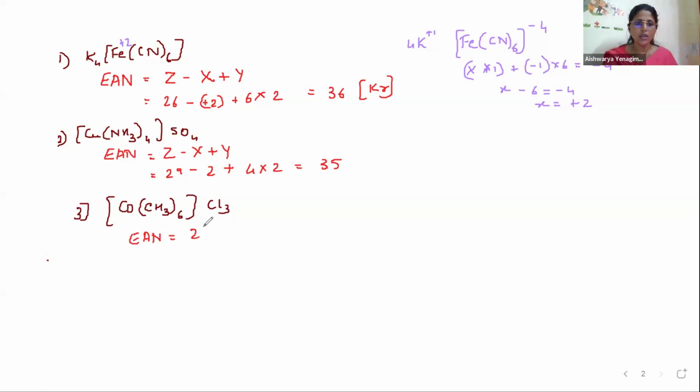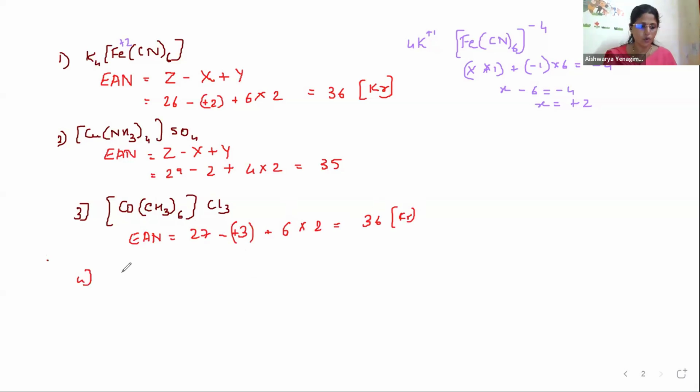Co atomic number is 27, minus the charge on cobalt, which is +3, plus 6 ligands. They are monodentate. 6 into 2. How much do you get? You get 36, which is again the next noble gas, krypton.